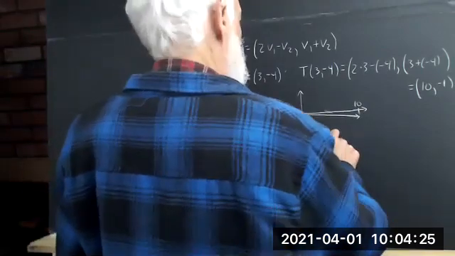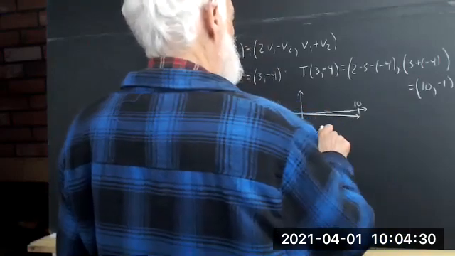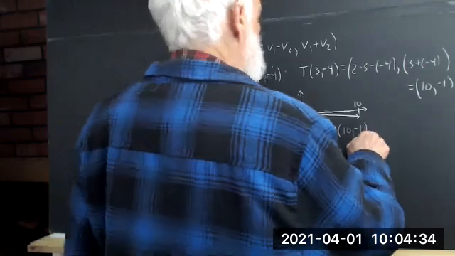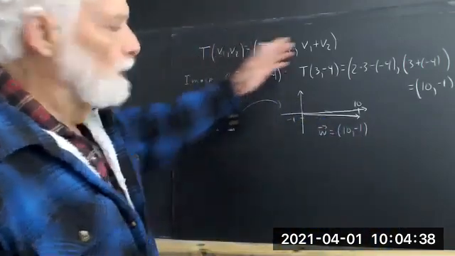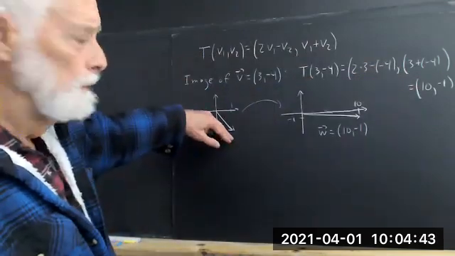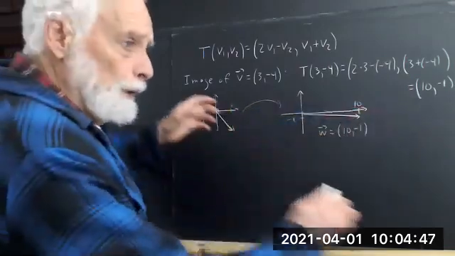This vector is what we're going to call W, (10, -1). We see that this transformation has taken this vector and rotated it to this angle and stretched it out.